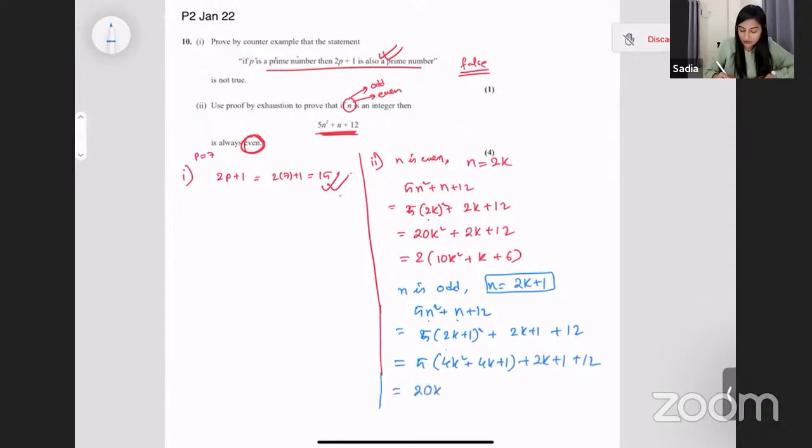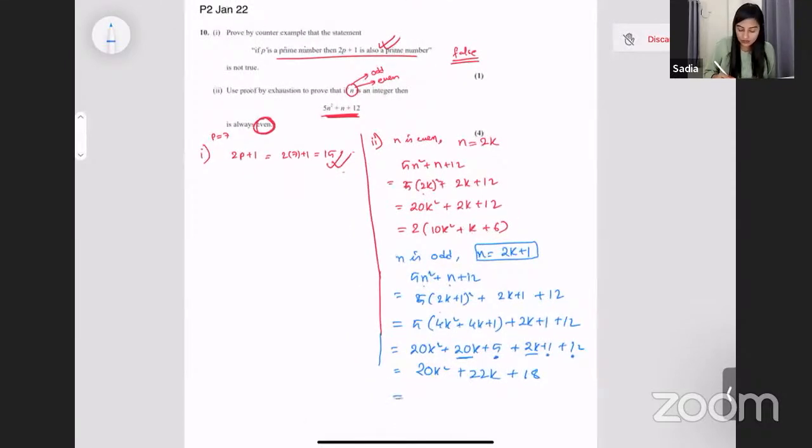We get 20k squared plus 20k plus 5, plus 2k plus 1, plus 12. So 20k squared, 20 and 2, that's 22k, and 5 plus 1 plus 12, that's 18.